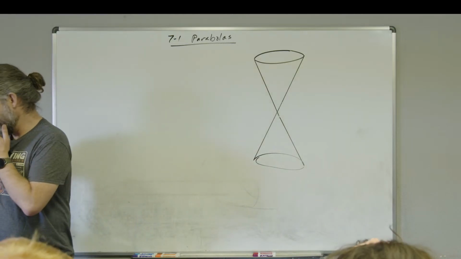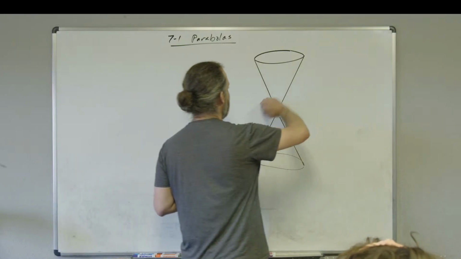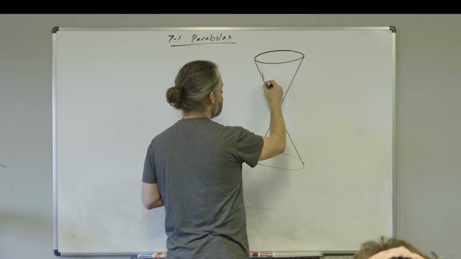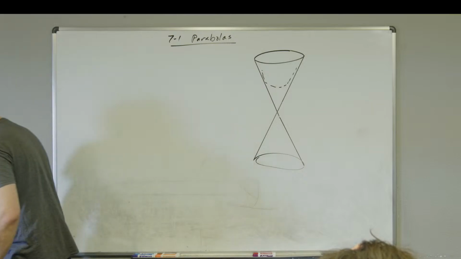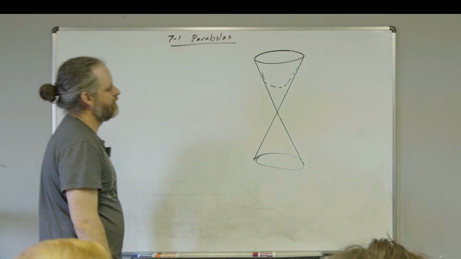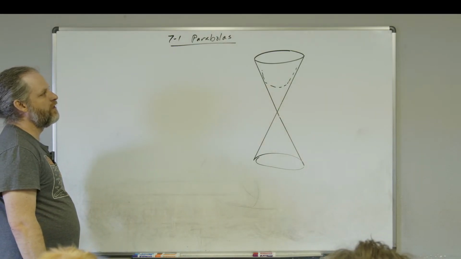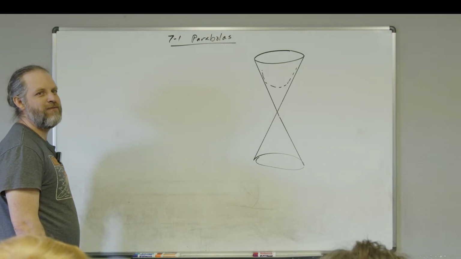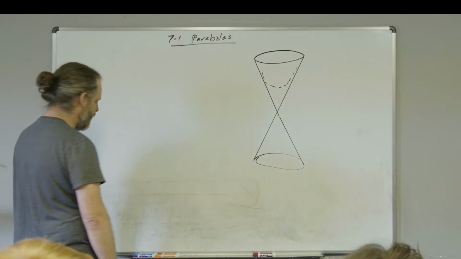If we slice it like this, we get a parabola, which is what today's lesson is about. This shape. If you want to see a better picture, you can look at page 422, because I'm not going to take the time to draw it better today. Oh, there's two. Okay. Drew one edge.